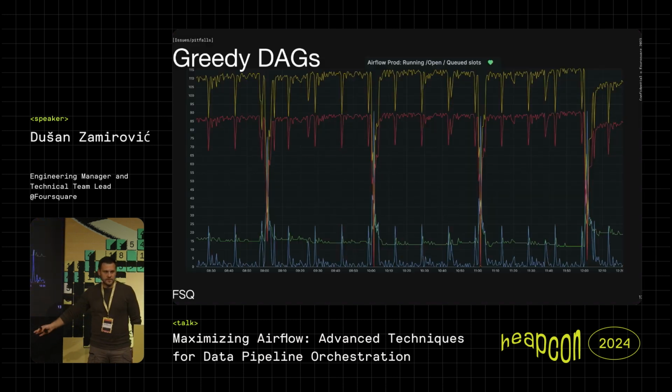Now this one is coming from Grafana, and I call this greedy DAG. The most important line here is the yellow one, the one on the top of the graph. That's free slots in Airflow. So you see the drops. Some DAG or some DAGs in these moments were very computationally heavy and using many, many slots.